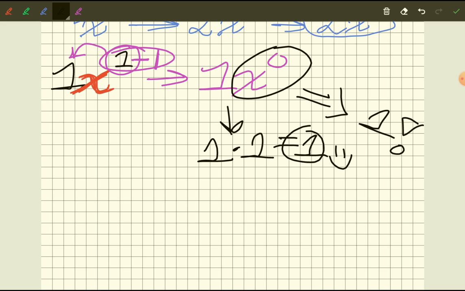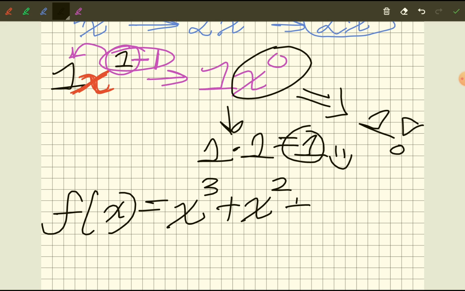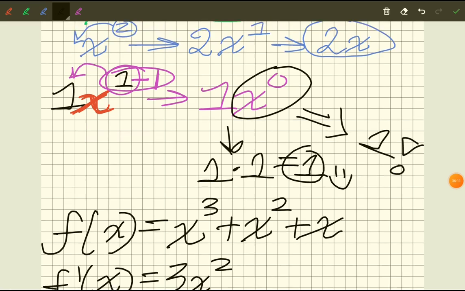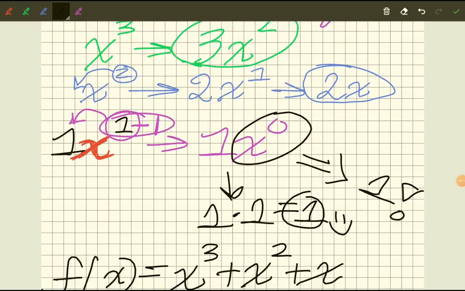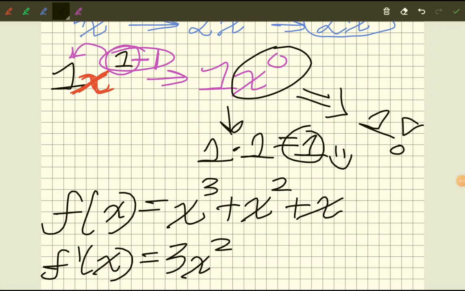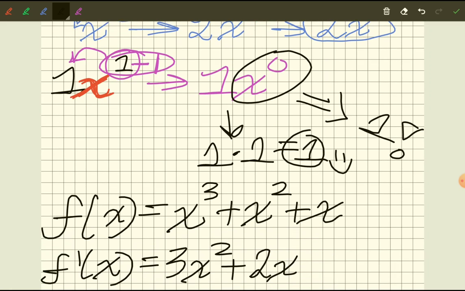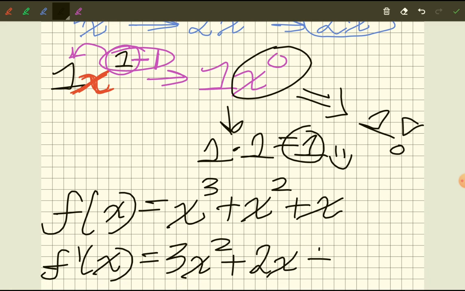All right, that's the third derivative. So, f prime of x, let me actually put them side by side. So I'm going to rewrite it. F of x equals x cubed, this is the original problem, plus x squared plus x. So f prime of x is 3x squared in the green, 2x in the blue, and then the x's derivative, remember we said was just 1.